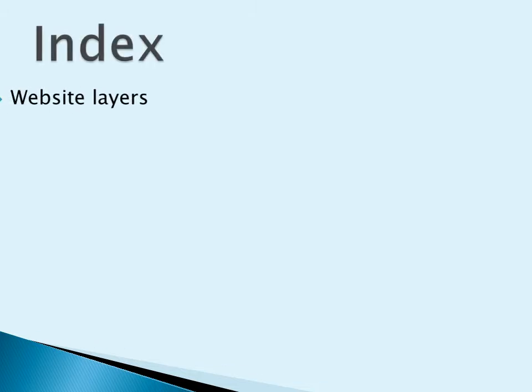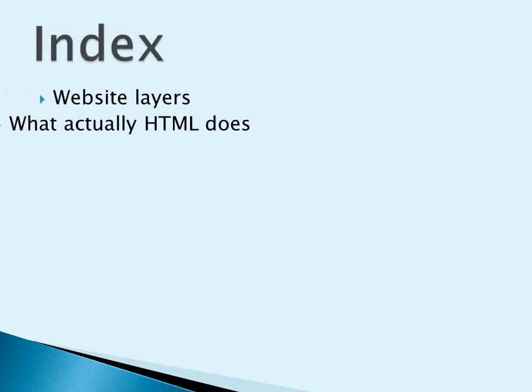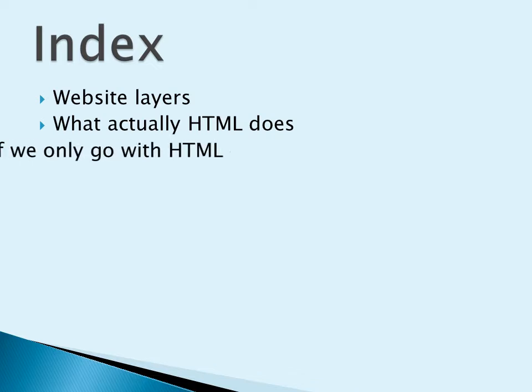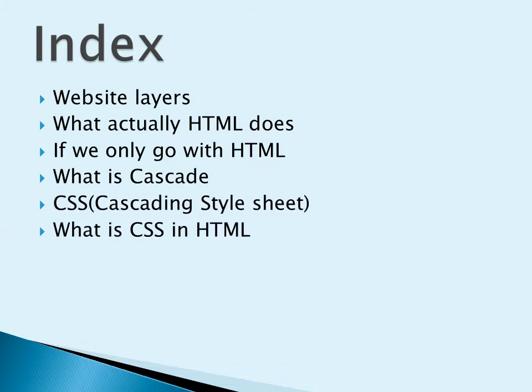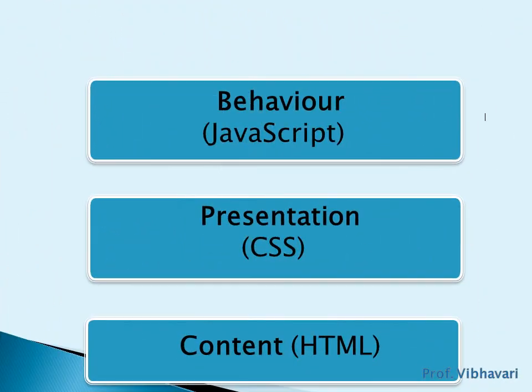First, the website layers. What actually does HTML do? If we only go with HTML, what is cascade? CSS, the Cascading Style Sheet, and what is CSS in HTML. Now see, these are the website layers.